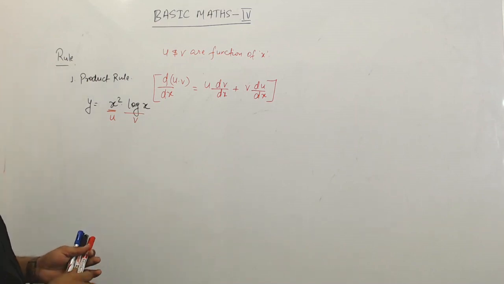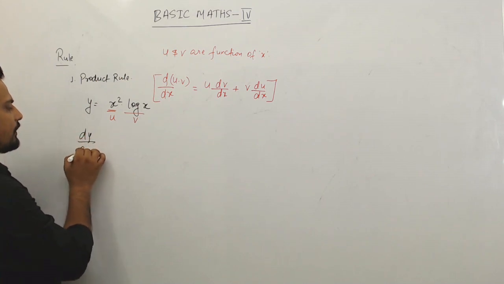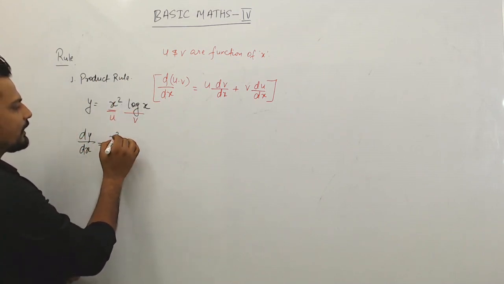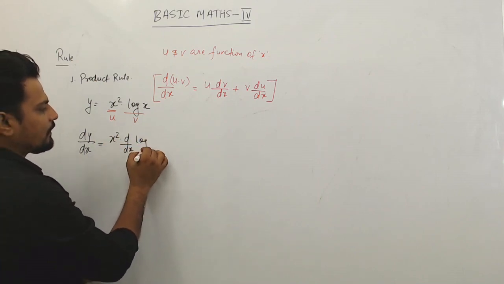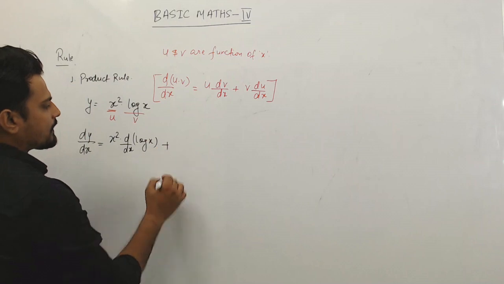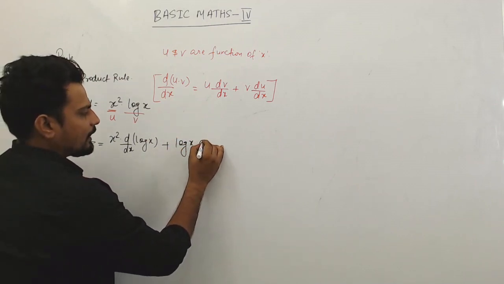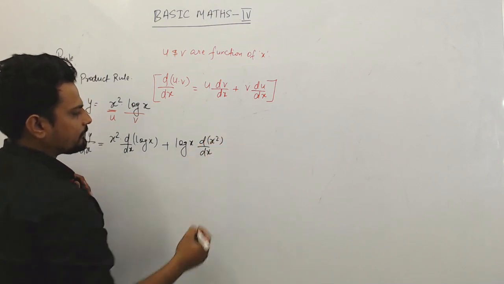All clear? So what exactly do I need to do over here? dy upon dx is going to be, I'm going to keep x square as it is. I'm just writing d upon dx of log of x plus, this time I'm going to keep log x as it is, and we'll have the differentiation of x square.